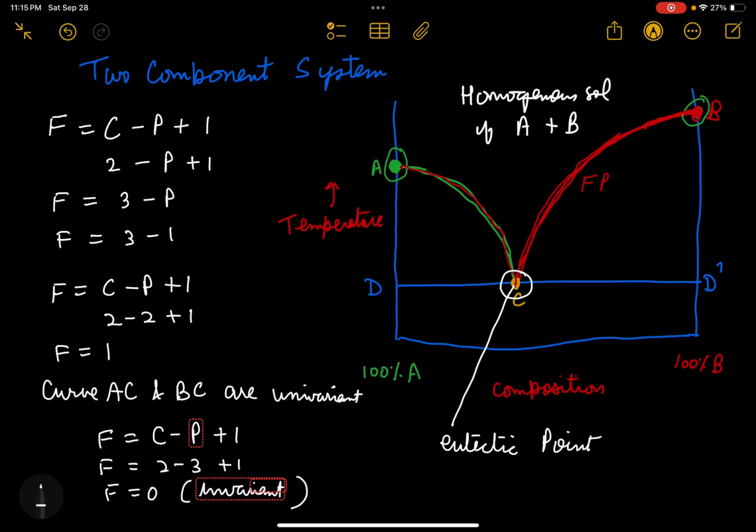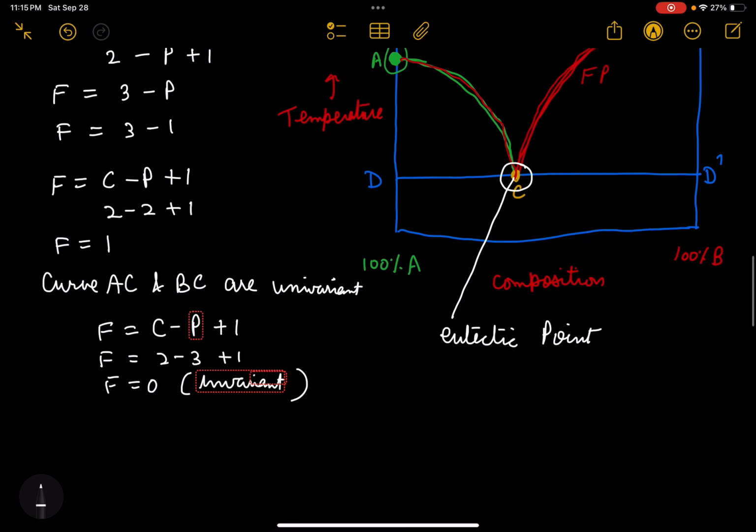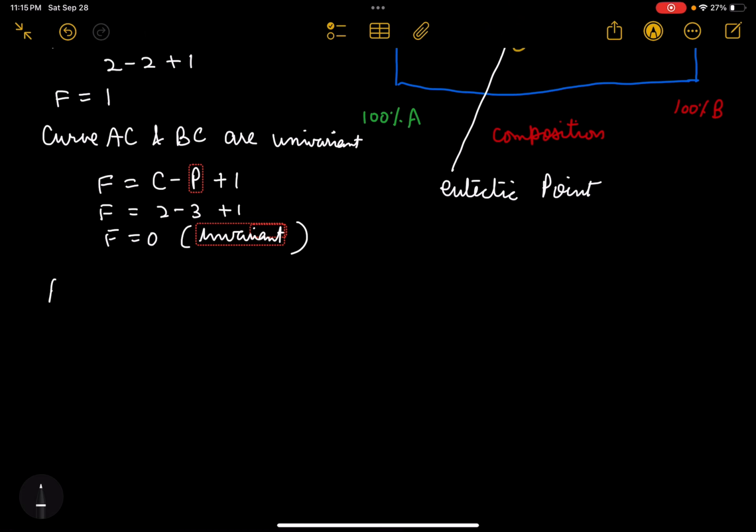The area above the curves AC and BC consists of a single phase, that is, the 2 components are present as a homogeneous liquid solution. So in that region, the area above curves AC and BC, applying the reduced phase equation, F is equal to C minus P plus 1.